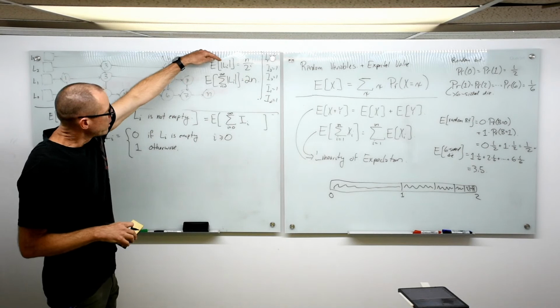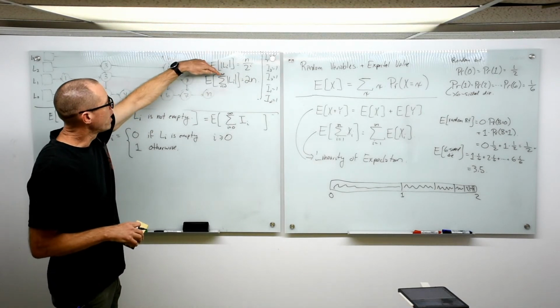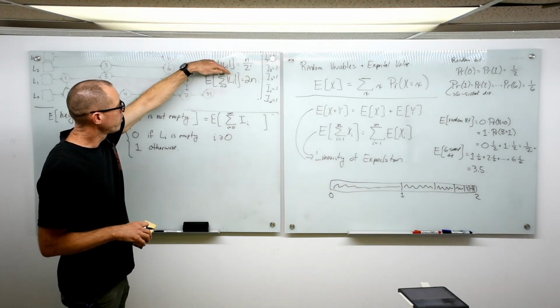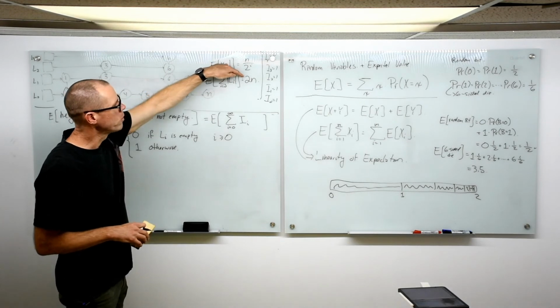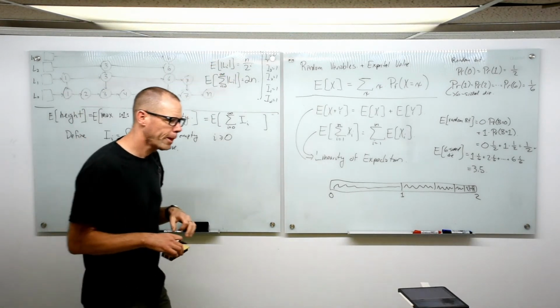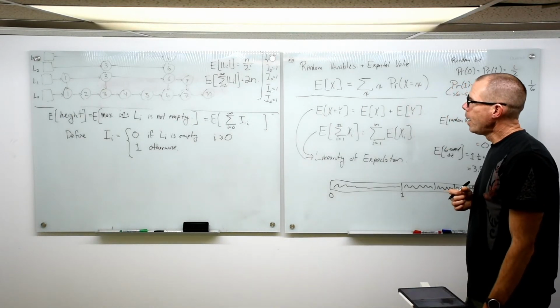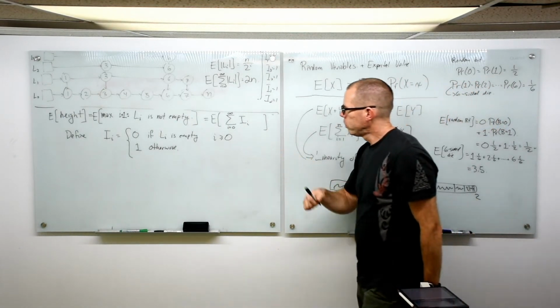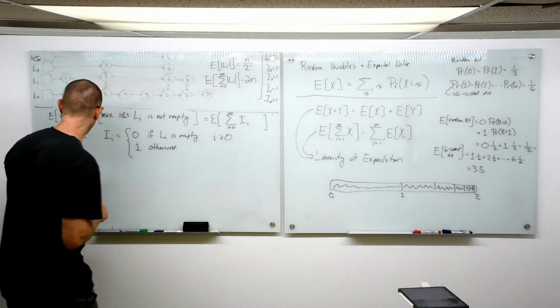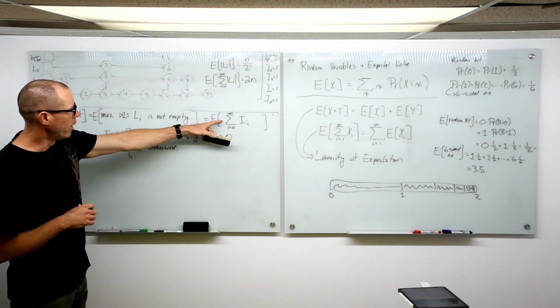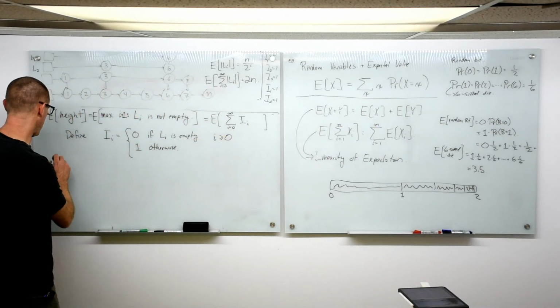So the expected size of L_i is n over 2 to the i, and this total size is 2n. Okay. All right. So now we can write the height as the sum of these I_i's. Let's start that here.